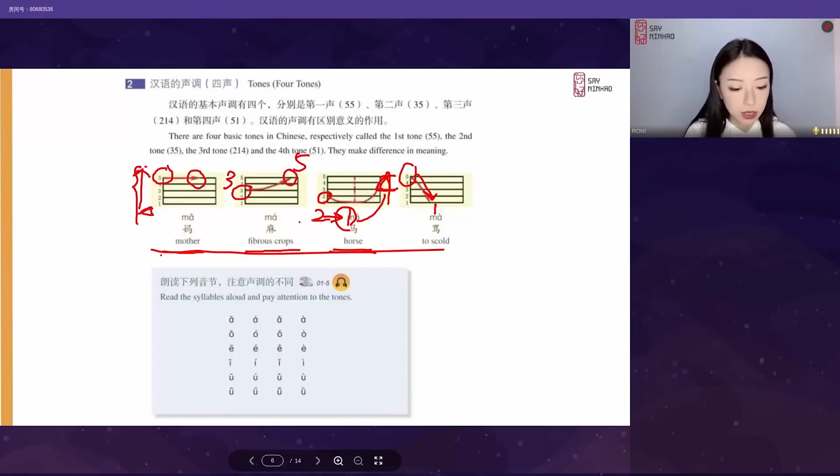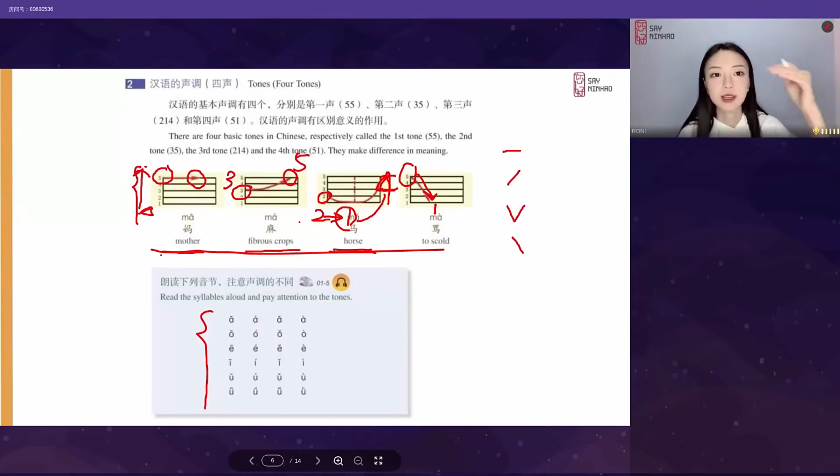Okay, now let's try to do some practice, okay? We can see there are many finals we've just learned before, and they are marked with the tone marks. This is the tone mark for first tone, and this is tone mark for second tone, and this is tone mark for third tone, and this is tone mark for fourth tone, just like the way it is pronounced, right?